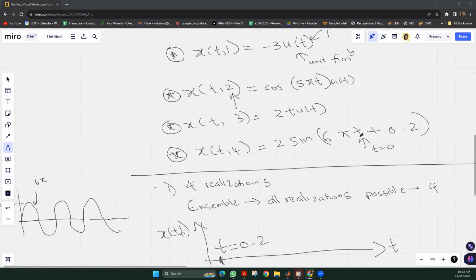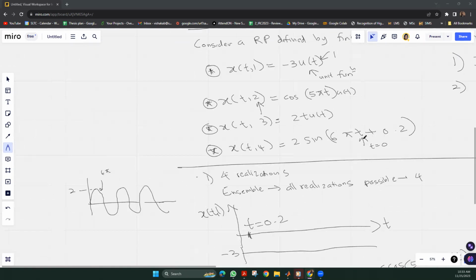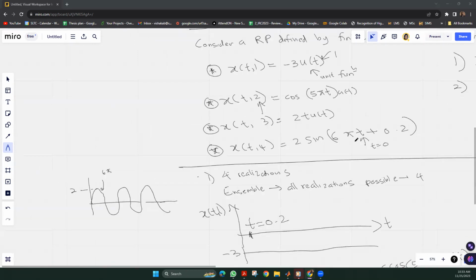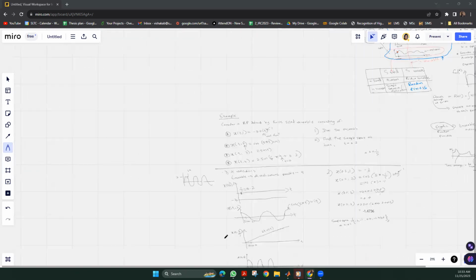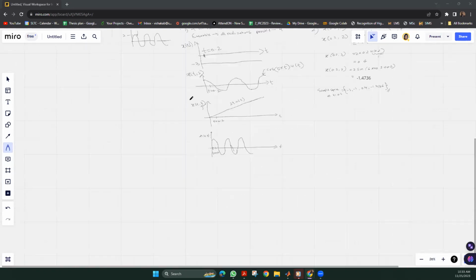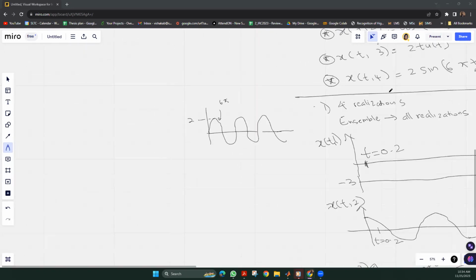Then we can also substitute different time values, for example time equals 10 or something, and see how the output varies. Likewise, you can consider those cases. Then you have to draw the sinusoidal based on the amplitude that you get for each of the time values. Based on the frequency, you can define the time period of this signal.